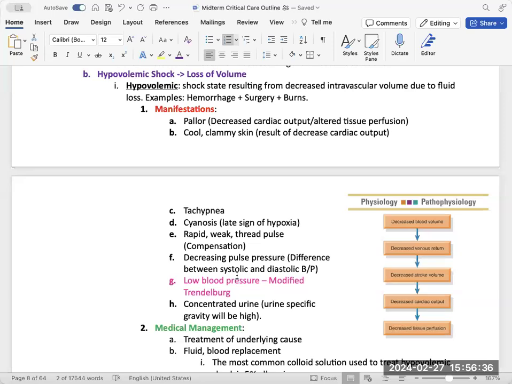Oliguria, and they'll have a concentrated urine output, which means they're going to have a high urine specific gravity as well as a decreased pulse pressure, which is just the difference between the systolic and diastolic. So we talked about, right, different manifestations, and this is exactly what fluid volume deficit is. So if you know those signs and symptoms, you already know what hypovolemic shock signs and symptoms are, okay?